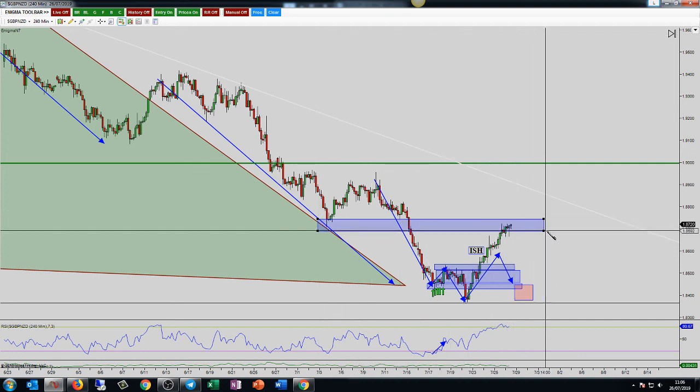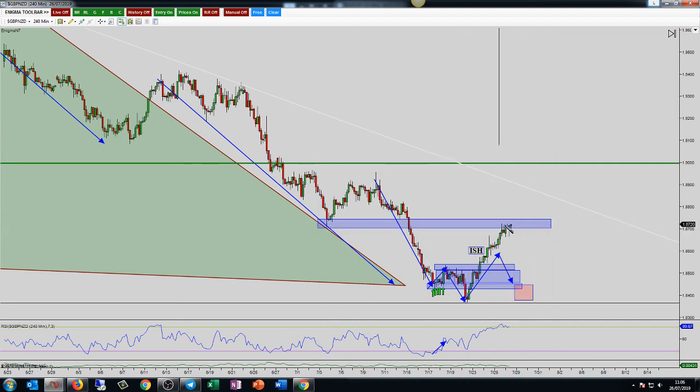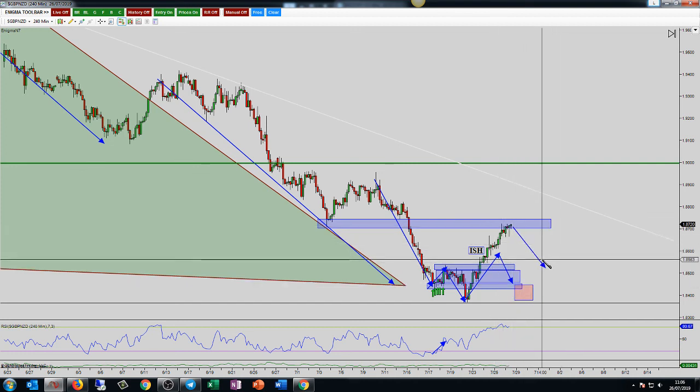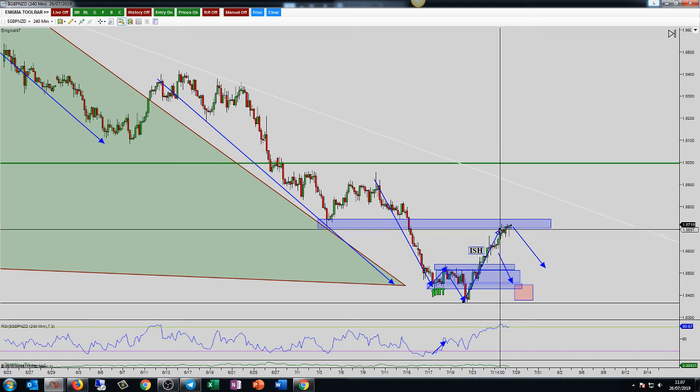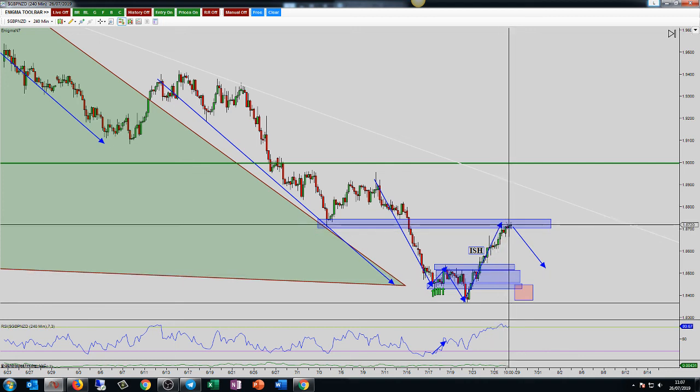we are coming into previous structure. We could see a move down into the structure level, we can still get involved with this head and shoulders. And in actual fact, would that give us an AB equals CD pattern by any chance?